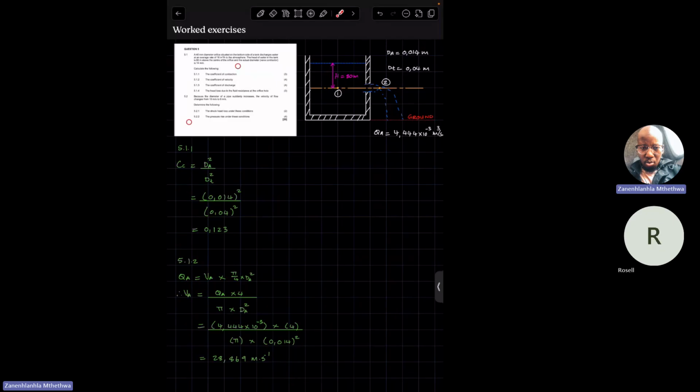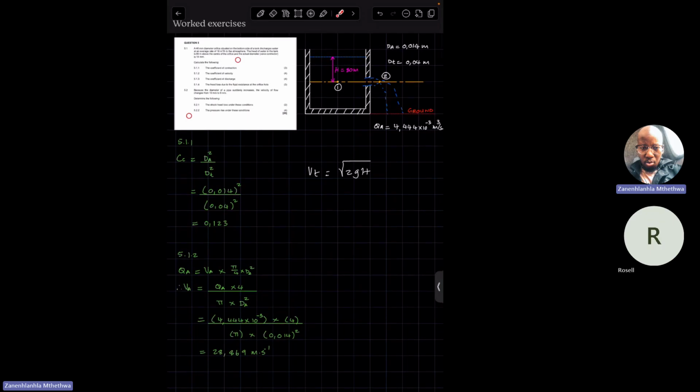The only difference from when we derive the formula for the theoretical velocity is that there we apply Bernoulli's between the same two points, point 1 and point 2, but from an ideal perspective, so not taking losses into account.